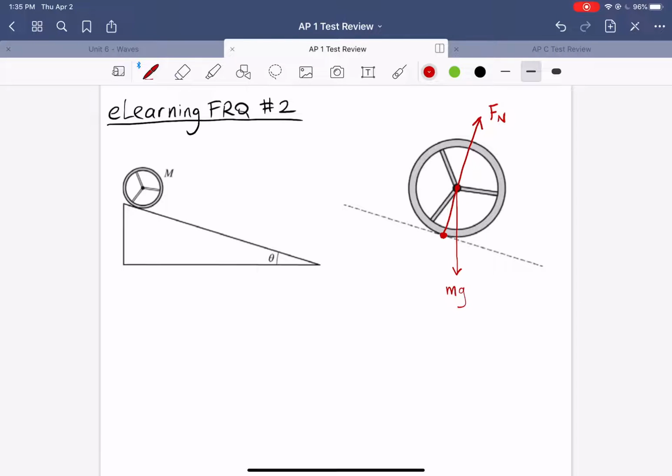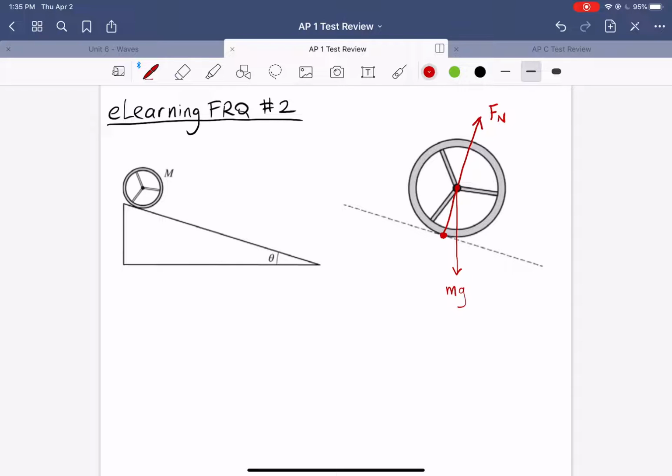Now, to think carefully about this one, which direction is the friction going to point? You may think since the wheel is going down the hill that the friction should point in the opposite direction of the motion, but that's not actually always true for rolling objects. The way we want to think about it is in terms of what's happening with the rotation of this wheel.